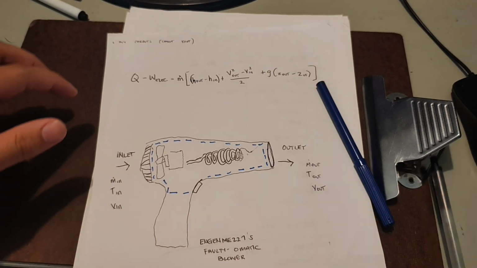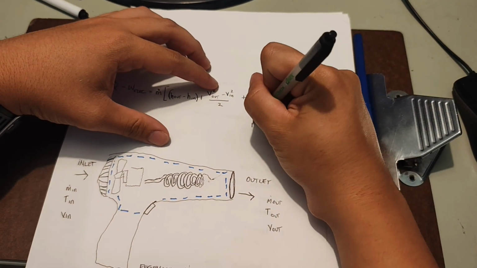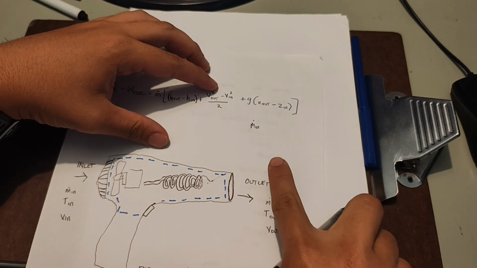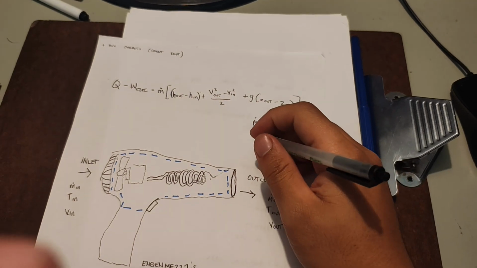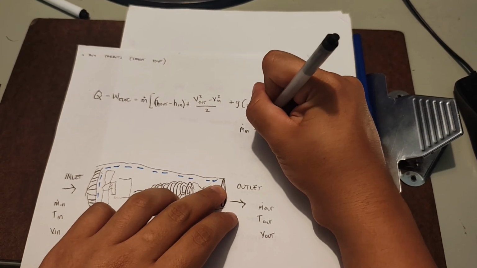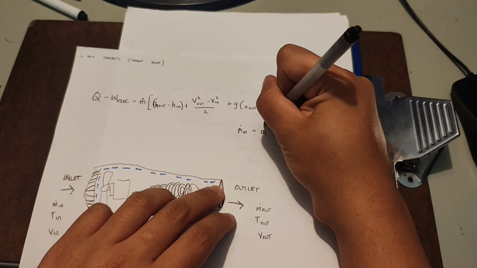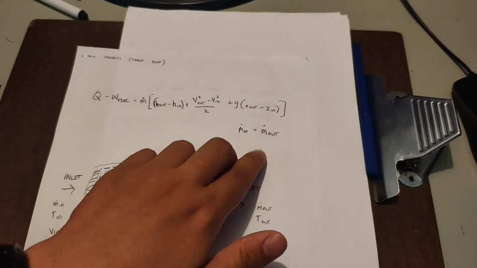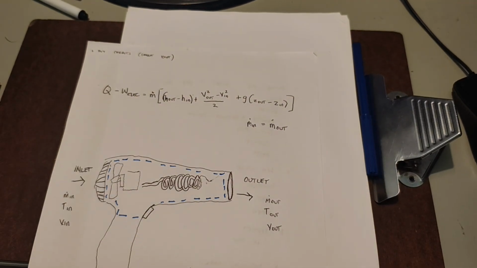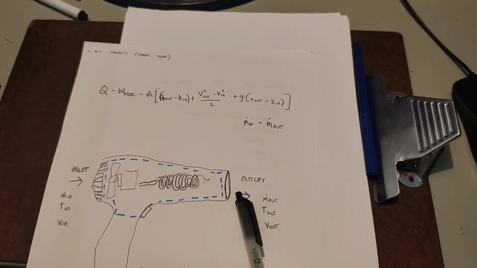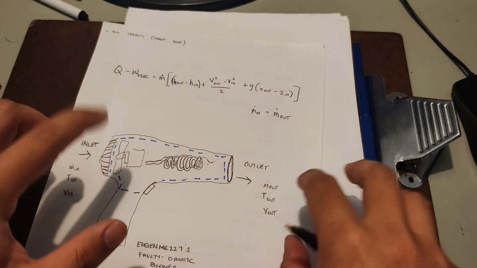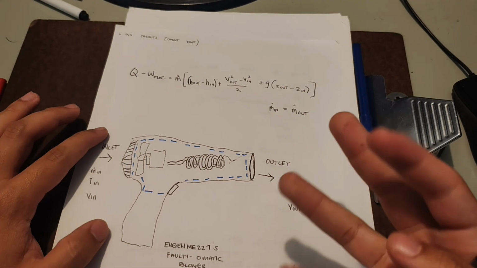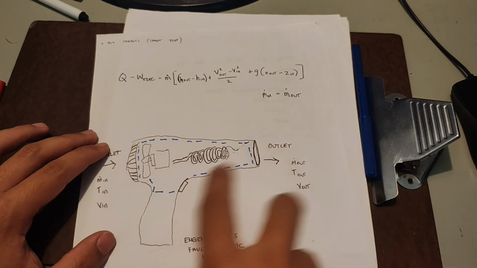What comes in, m dot in, will also come out, equals m dot out. Every molecule the fan sucks in at the back has to be blasted out in the front. We are not creating air, we are just borrowing from the room. We're just making it hot, making it spicy, then blowing it out.